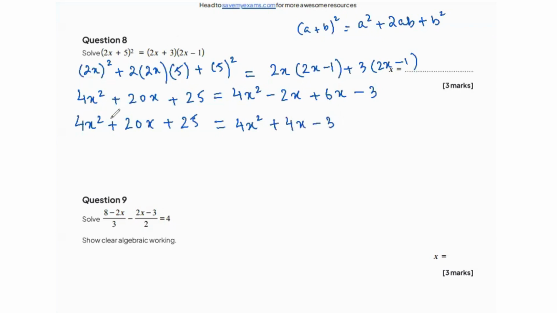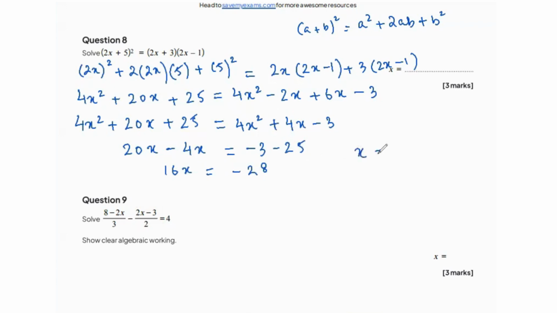So we can see that there's a positive 4x squared on the left hand side and right hand side. That would get subtracted, so that gets cancelled out. Let's take the 4x to the left hand side and bring the 25 to the right hand side. So that is 16x equals negative 28.